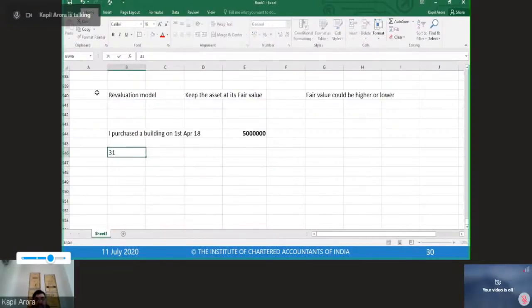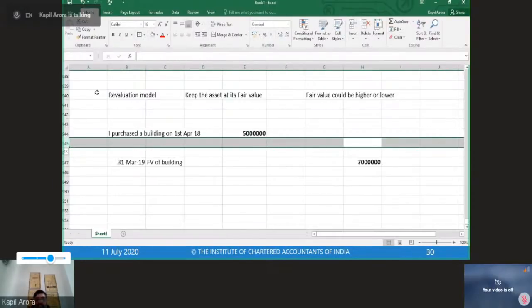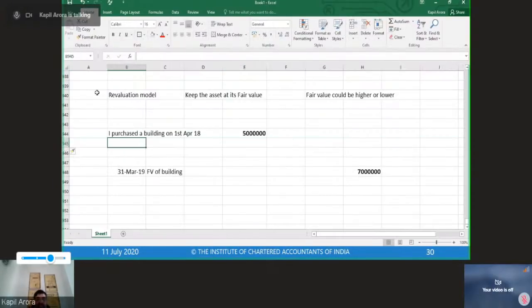On 31st March 19, the fair value of building is 70 lakhs. The value has gone up, fair value of the building is 70 lakhs, and the life is 50 years.